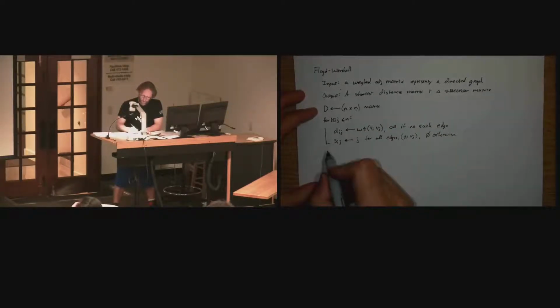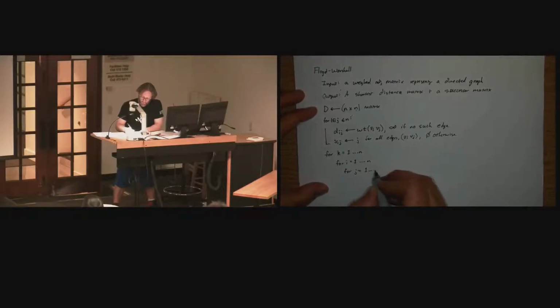So for each intermediary vertex, k, running from 1 up to n, for each pair, i, running from 1 up to n, and j, running 1 up to n, all we're going to do is compute d sub ij as the minimum of d sub ij, in other words, you've already found the minimum path, or d sub ik plus d sub kj. Okay? And that updates the distance here.